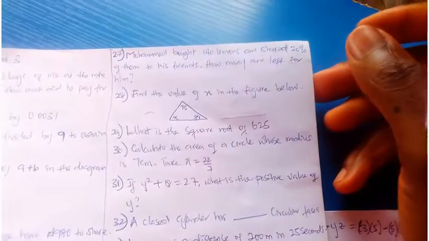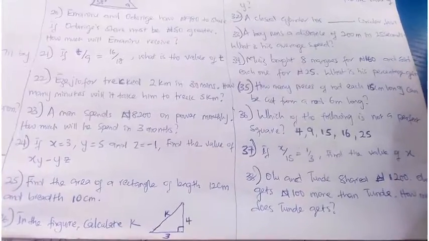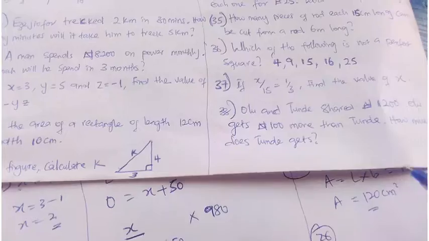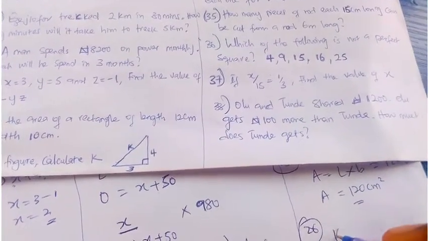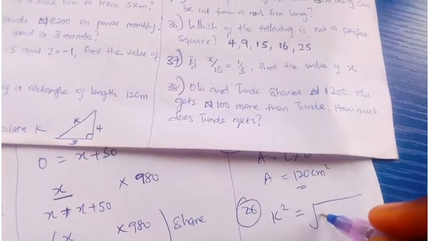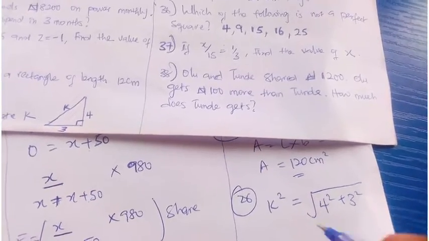Question 26 says: find, in the figure, calculate k. This is a right angle triangle, and I'm not given the hypotenuse, which is the longest side. It means k squared, from the hypotenuse formula, equals 4 squared plus 3 squared, or 3 squared plus 4 squared, however you might arrange it.